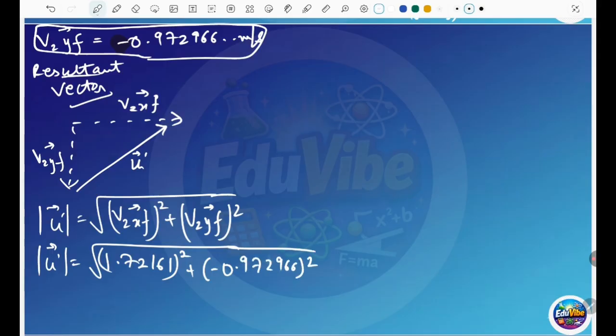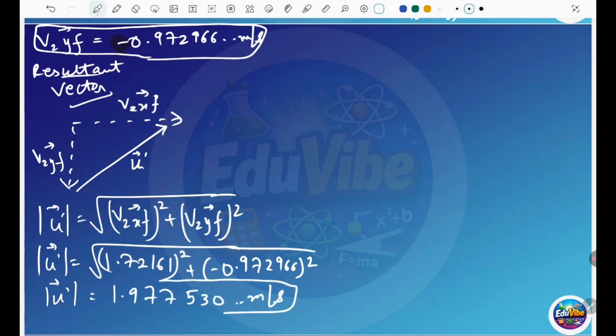That negative goes with the square and becomes a positive sign. So when you solve this, you get about 1.977530 meters per second. This is your vector magnitude.